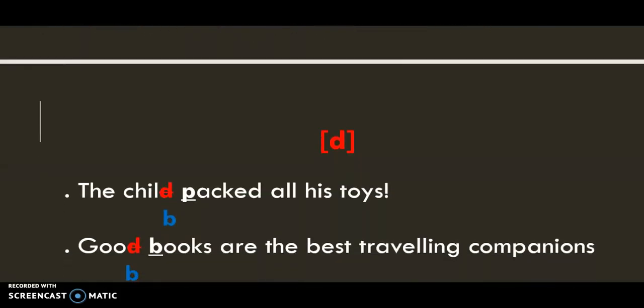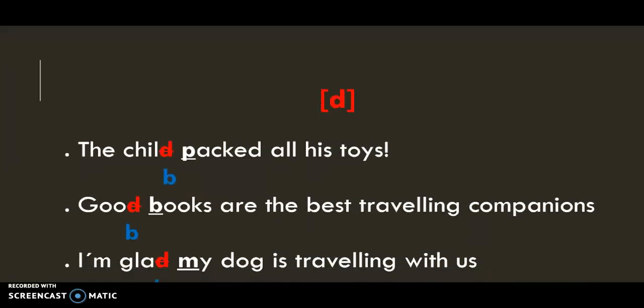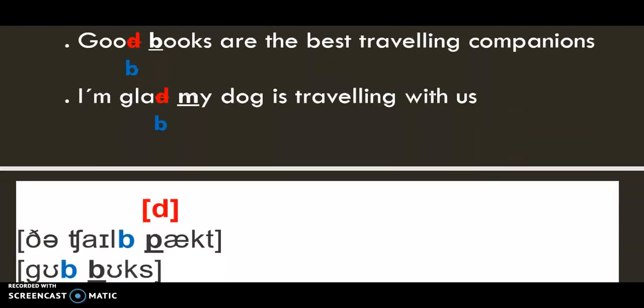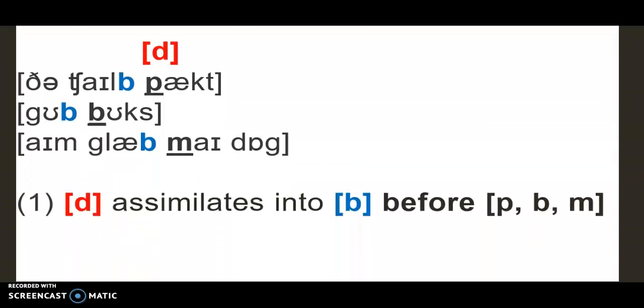Probably what you are producing is this. The child packed good books. I'm glad my dog. So what we are saying is that D assimilates into B when the following word starts with P, B, or M.